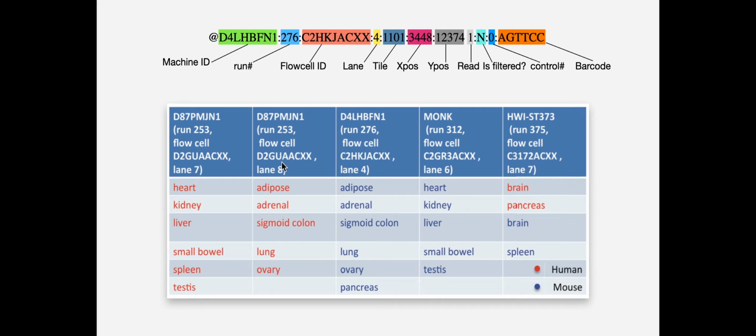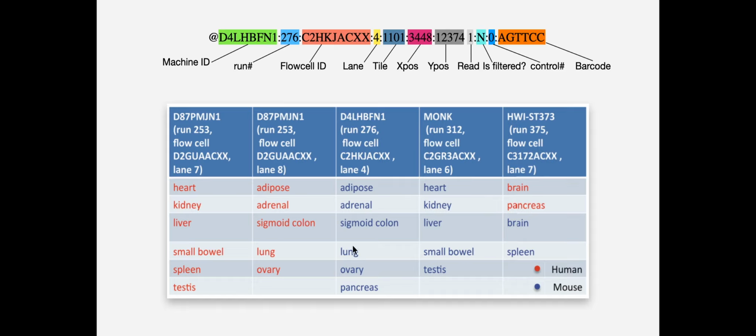And so they were able to segregate these samples based on whether they were run on different machines or different flow cells or different lanes. And what you can see is a big batch effect here, where the human samples were largely run on one machine, on one run, on one flow cell in 2 different lanes, while all the mouse samples were run on different machines, different runs, different flow cells, and different lanes.